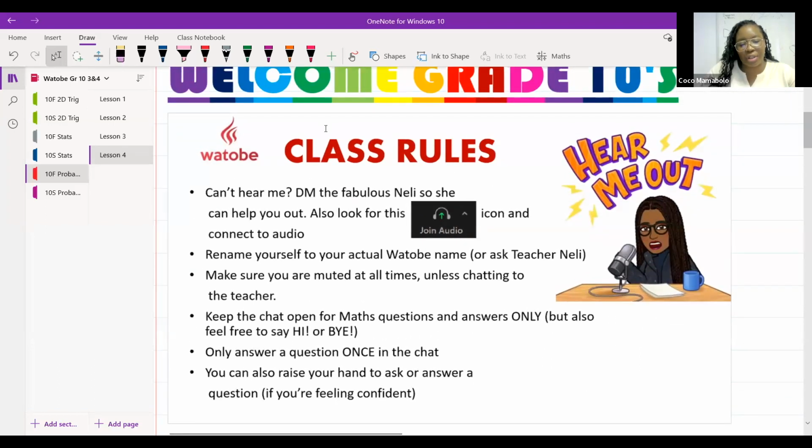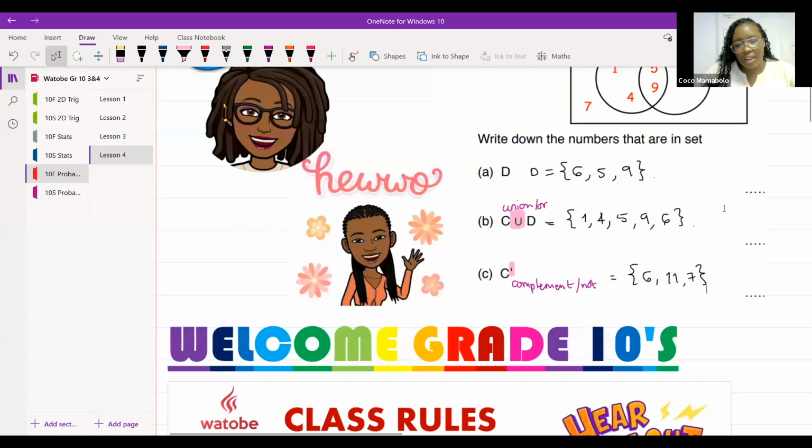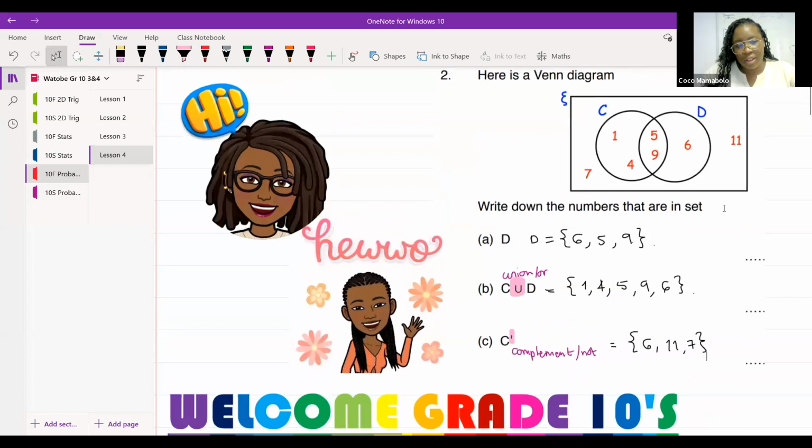Hi, Naledi. How are you doing? I wanted to ask something related to the Venn diagram. We started with Venn diagrams, but then there's one with only one circle, and the one that you did now, and then there's another one with 3 circles inside. Correct.